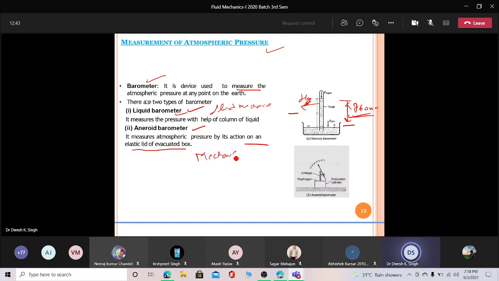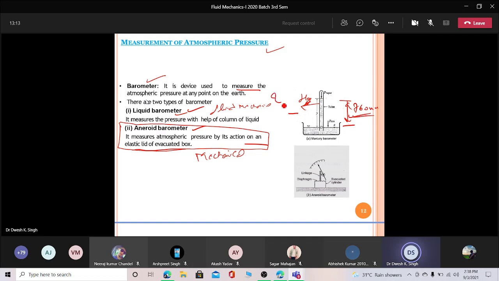So this is not covered in the syllabus. You will find the aneroid barometer in the fluid mechanics book, but it is not in the syllabus, because it is based on the spring constant and these concepts. But yes, the liquid barometer is our concern, because here we use the concepts of fluid mechanics.